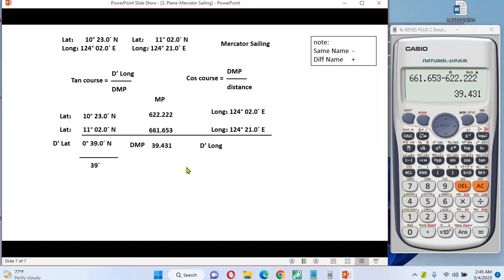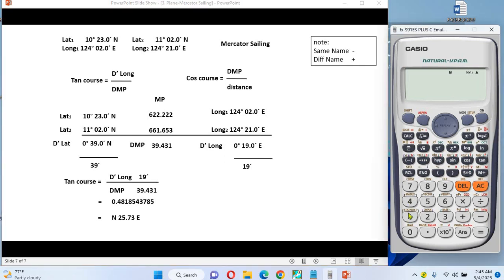So there you go. Okay, and the d long we have answered before, 19. So bring down 19, and then enter the formula for the tangent of the course. D long is 19, over DMP, which is 39.431.